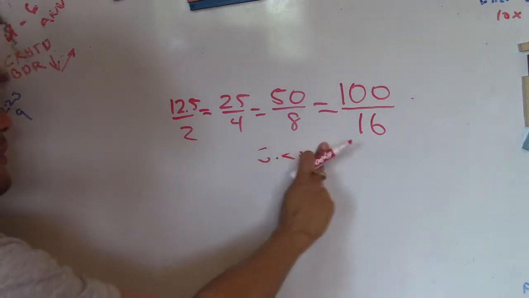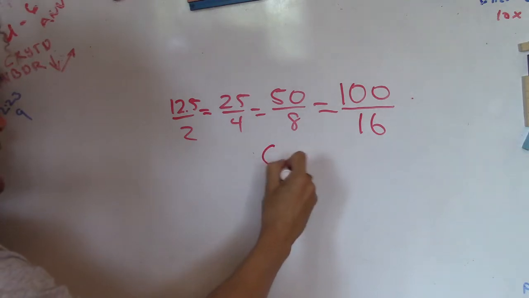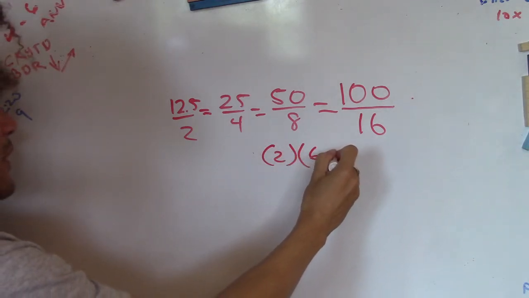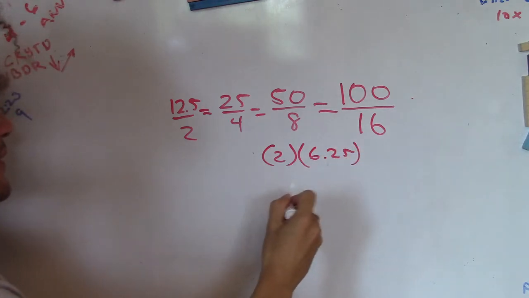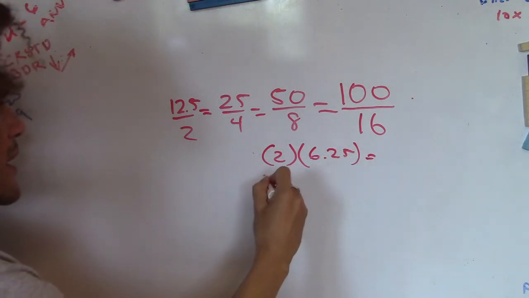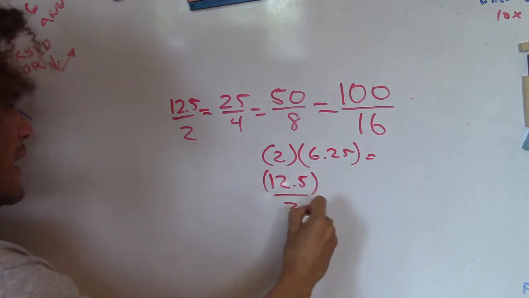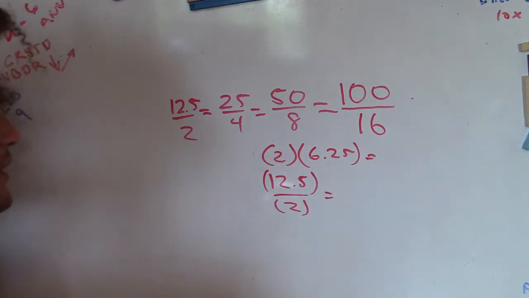And I can do a quick lesson on decimals. 2 times 6.25 is the same thing as 12.5 divided by 2. They're the same.